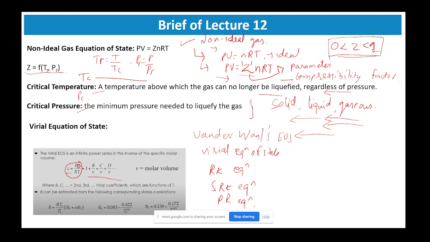So here you calculate the values of these constants from these equations, and you put the value of that constant here, and you calculate the value of Z. So this virial equation of state is iterative in nature, so you start by putting in the value as for ideal, and then you again calculate.